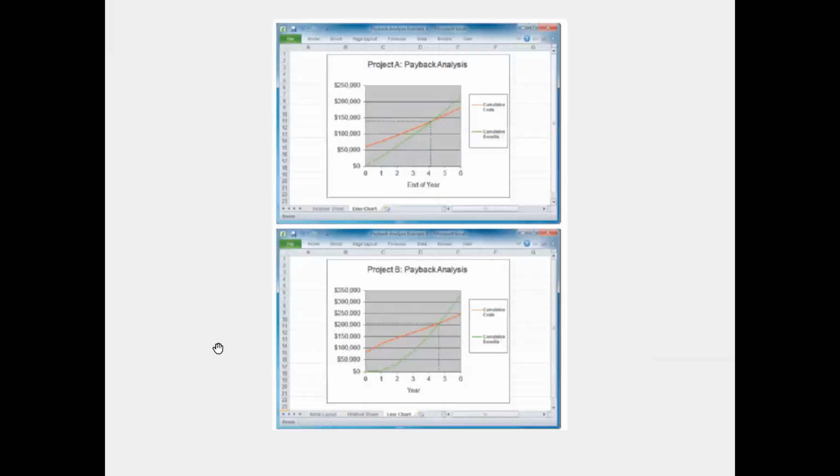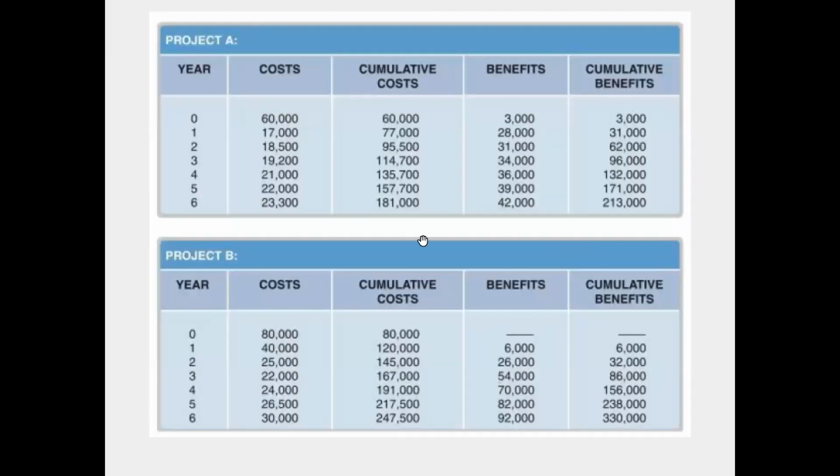So now let's go back. Here you can see we have total cost is 181,000. Benefit is 213,000. So to calculate the ROI for project A, right?